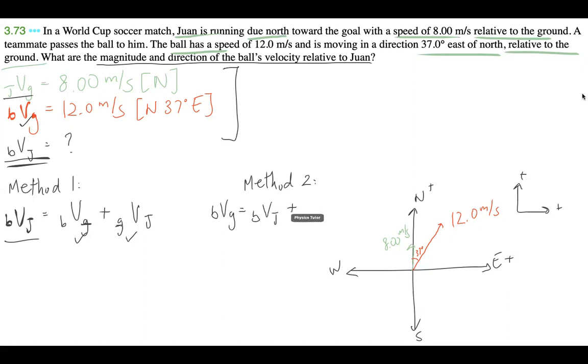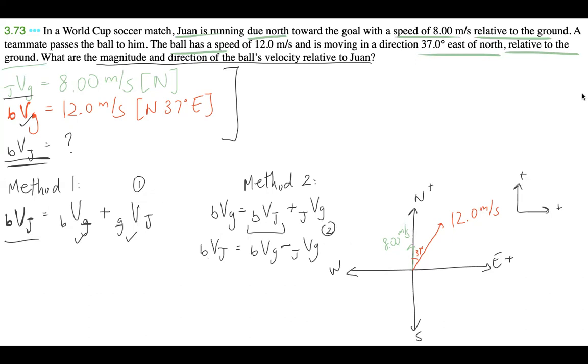And then we're given Juan relative to ground. And of course, these sort of, again, air quotes cancel out, and then we're given ball relative to ground. Now, because we're trying to solve for this, what we would do is isolate for this. So BVJ is equal to BVG minus JVG. Okay, so we could either use this equation or we could use this equation.